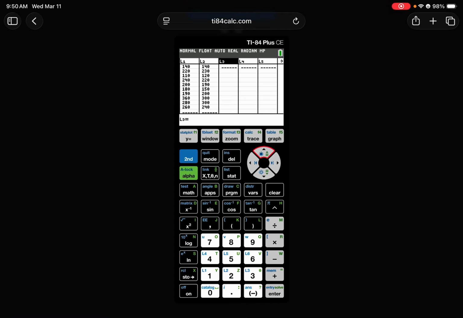I'm going to highlight L3, and then I want to take everything in L1 minus L2. So to do L1, I'm going to press second and then the number 1, minus, second and then the number 2. And it should say L1 minus L2. We're going to go ahead and press enter, and there is our difference data right there. So that's wonderful. We've got that taken care of.